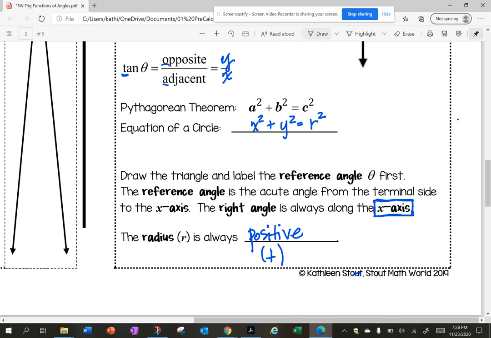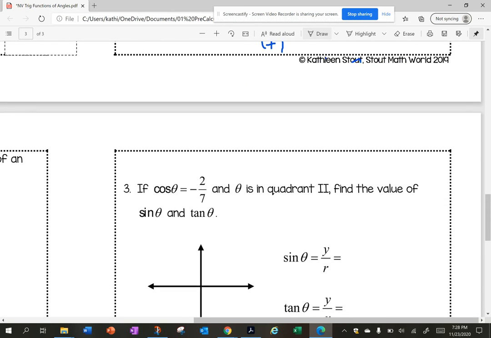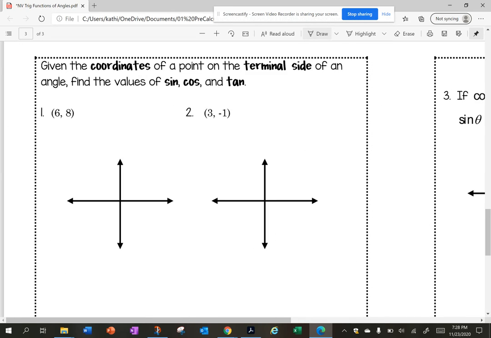Okay, so let's do some examples. Find the coordinates of a point on the terminal side of an angle. Find the values of sine, cosine, and tangent. I'm really just looking at this and plotting my points, x and y. The first thing I'm thinking about is what quadrant am I in? Since both are positive, I know I'm in the first quadrant.